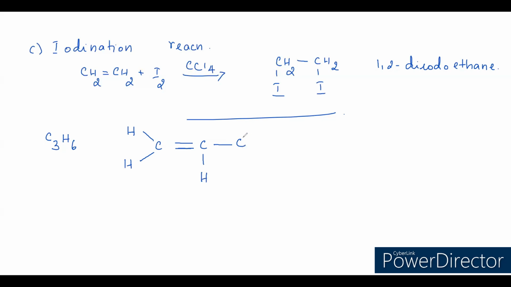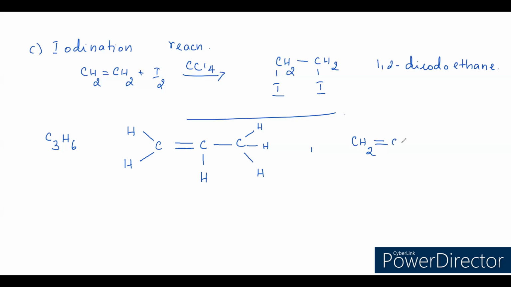The last carbon, only 1 bond is already formed. So it has to form 3 more bonds. This is the structural formula, branched structural formula. How do I write the condensed formula? CH2, the first carbon has 2 hydrogens. Double bond.